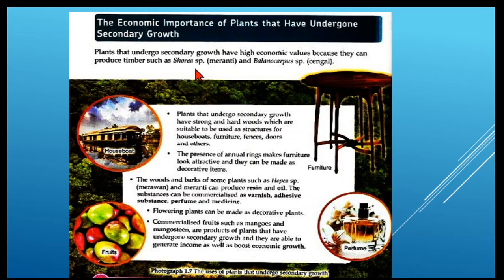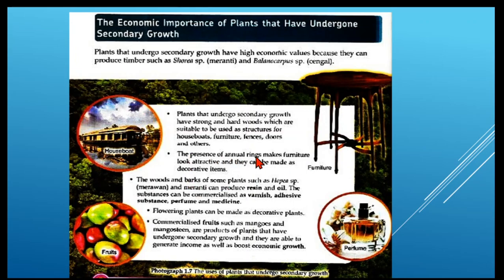Okay, kayu balak ini cengal, meranti. Alright. Plants that undergo secondary growth have strong and hard woods which are suitable to be used as structures for houseboats, furniture, fences, doors, and others. Boleh digunakan sebagai semua itulah perabot-perabot, houseboat, furniture, kan.